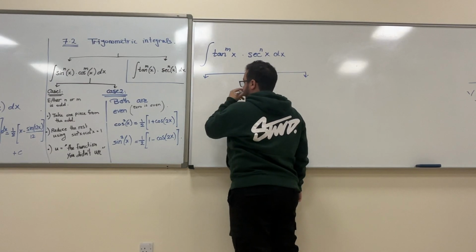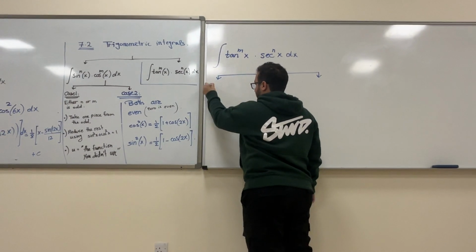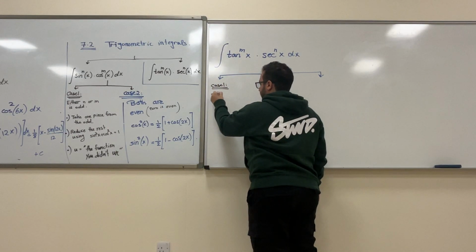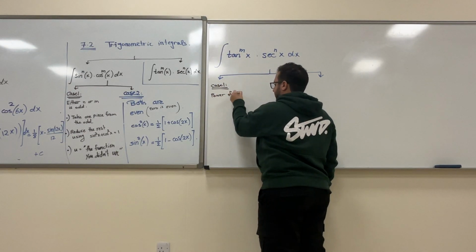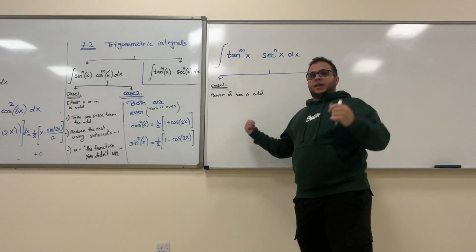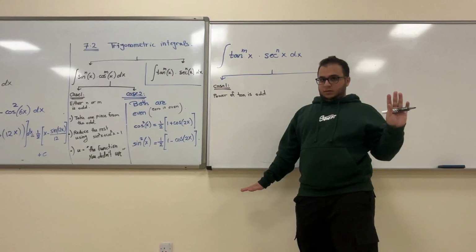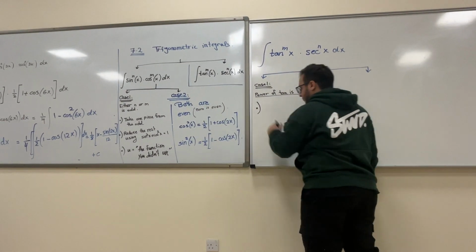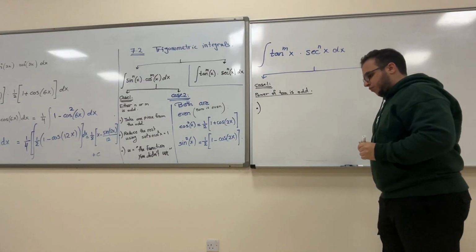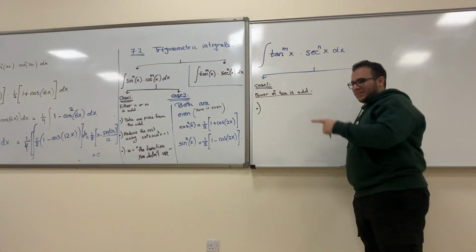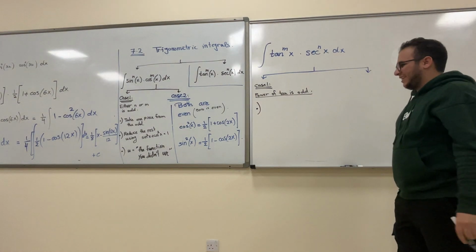Case 1: power of tan is odd. If power of tan is odd, do I care about secant? No. Okay, fine. What are the steps?